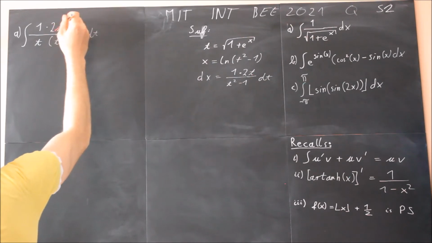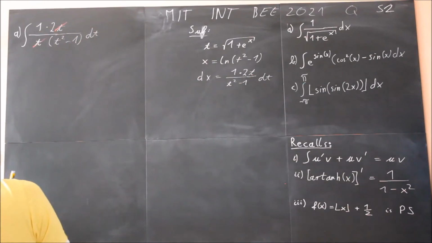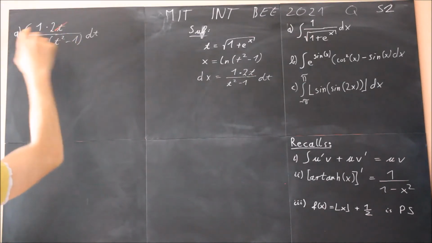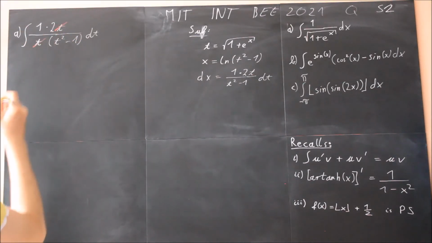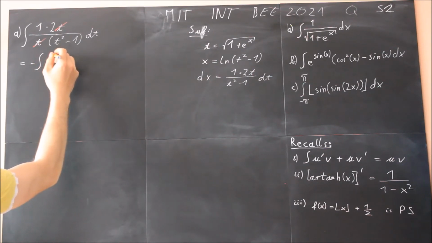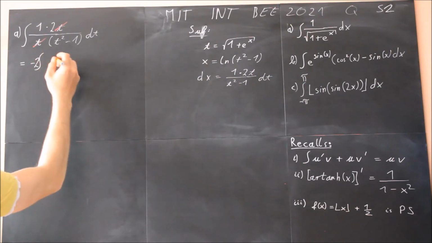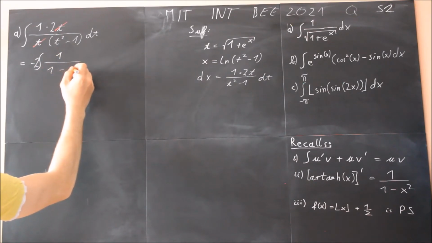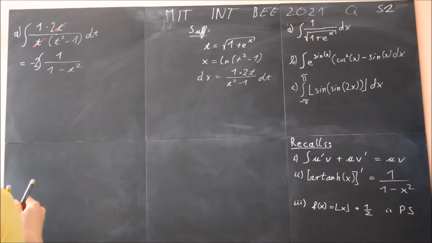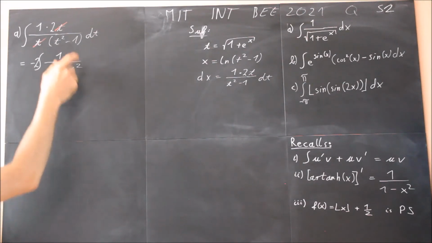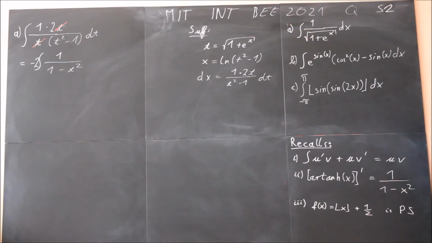So 1 t goes out, and I factor out a minus, so we get minus integral, and the 2 maybe also, 1 over 1 minus t squared. So if we put the minus here, we get minus 1 plus t squared. This is exactly this one, okay?